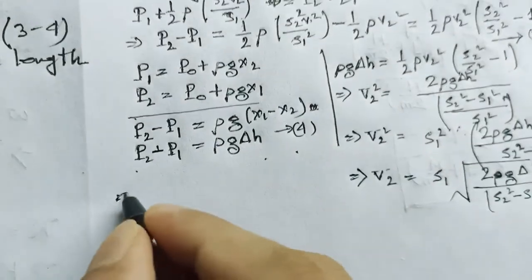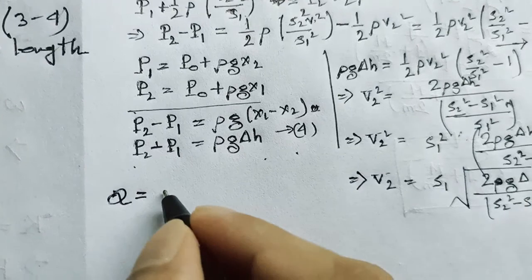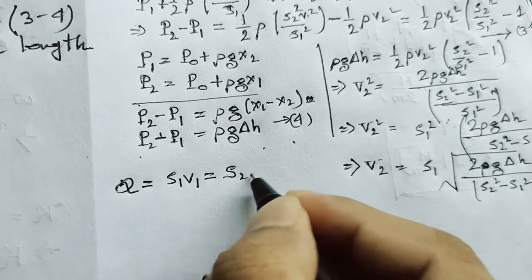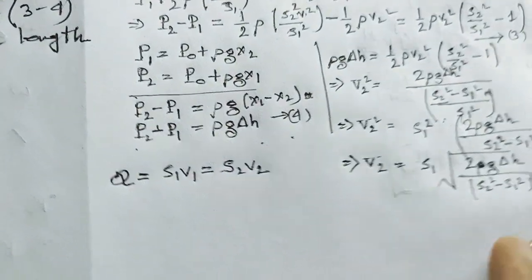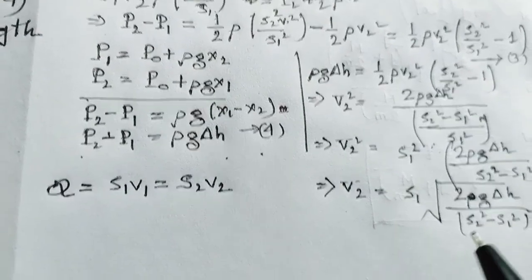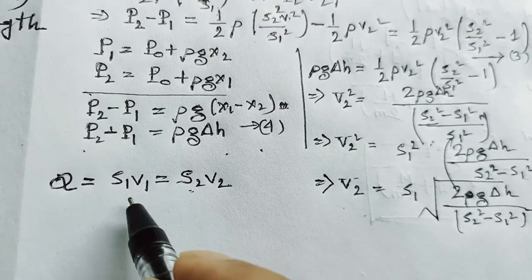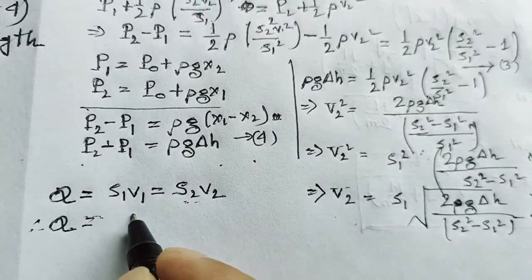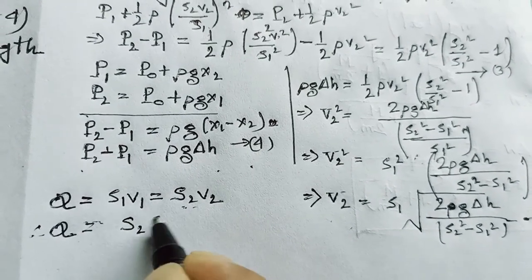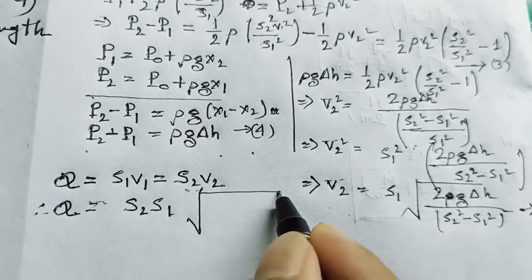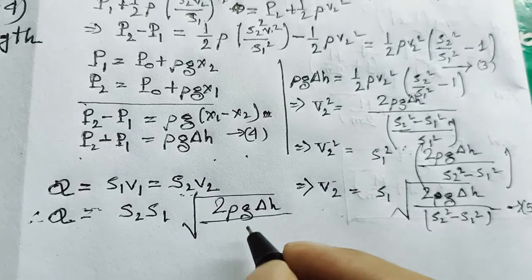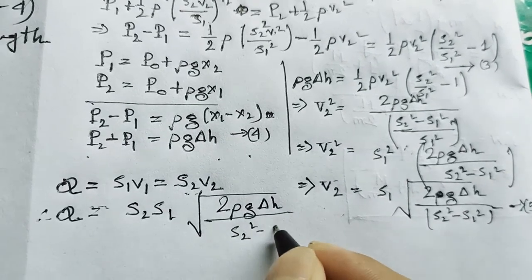Now the volume flow rate Q is defined as S1 V1, and this is again equal to S2 V2. As V2 is already known to us, we can take Q equal to S2 V2. So our volume flow rate Q will be equal to S2 into S1 under root 2 rho g del H divided by (S2 square minus S1 square).